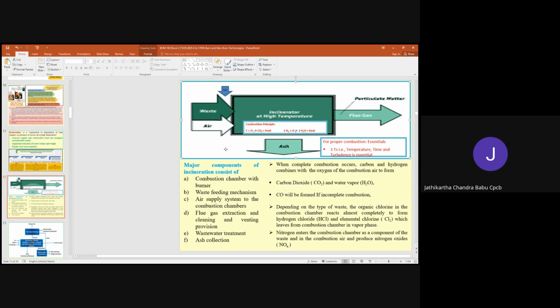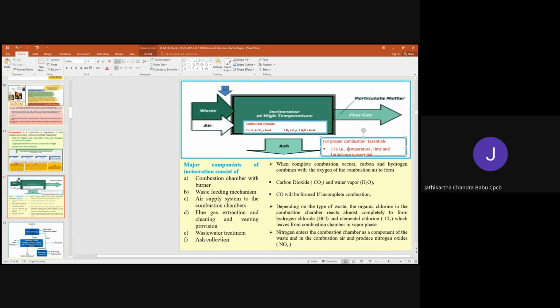Therefore, in the combustion process, we convert waste into CO2 and other gases, and also moisture as well as heat. In the process, the waste is also converted into ash, that is the ash content, whereas in the emission process, we convert the waste into CO2. Apart from that, other gases are generated, and the hydrogen in presence of oxygen is converted into moisture. Therefore, in the combustion process we convert the waste into CO2, and heat is generated and also moisture is generated. That becomes a part of emissions.